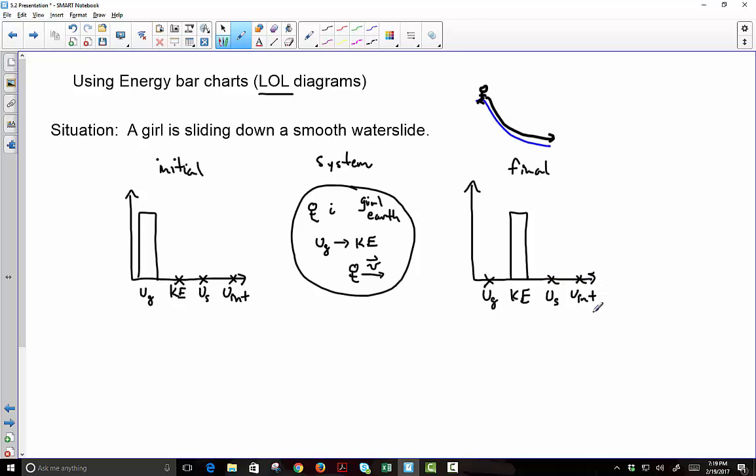There's no friction, no loss to friction. So this is our LOL chart for this situation. And what we can see is that the sum of all of this is equal to the sum of all of this. That's just where we want to be right now. It's just allowing us to see the movement within the system.